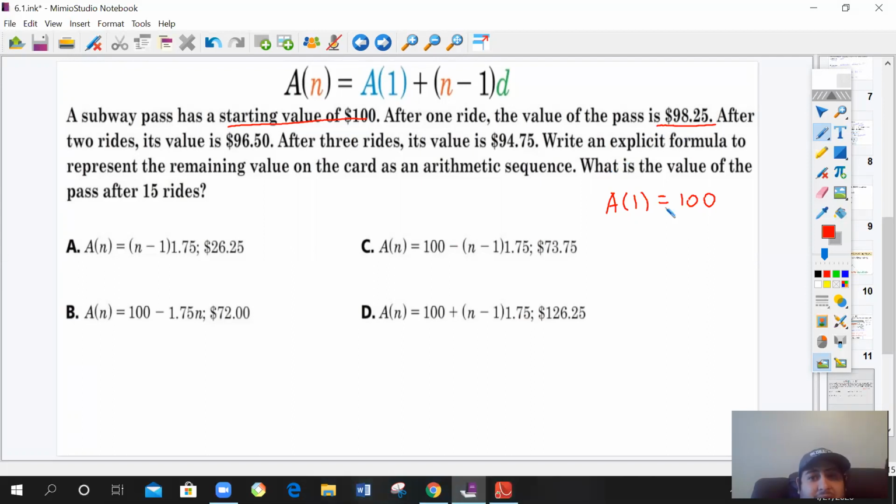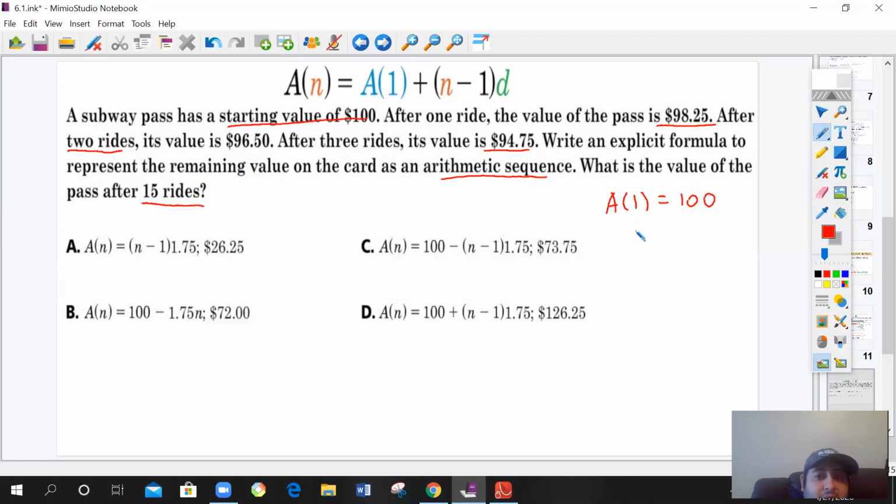So we notice that from 100, it went down to 98.25. After 2 rides, the value is 96.50, so it went down again. After 3 rides, this much. Write an explicit formula that represents the remaining value of the card as an arithmetic sequence. What is the value of the pass after 15 rides?